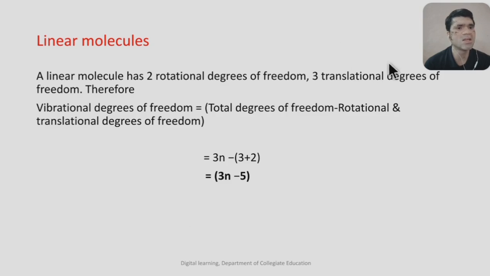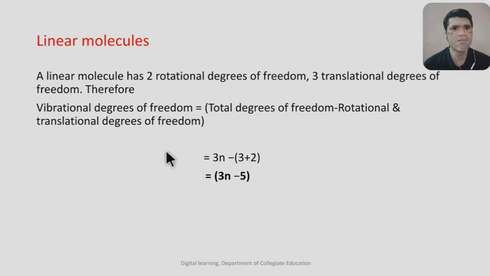Therefore 3 translational degrees of freedom will be there. So vibrational degrees of freedom is calculated as total degrees of freedom minus rotational and translational degrees of freedom: 3n minus 3 plus 2, that is 3n minus 5, where n is the number of atoms present in the molecule.